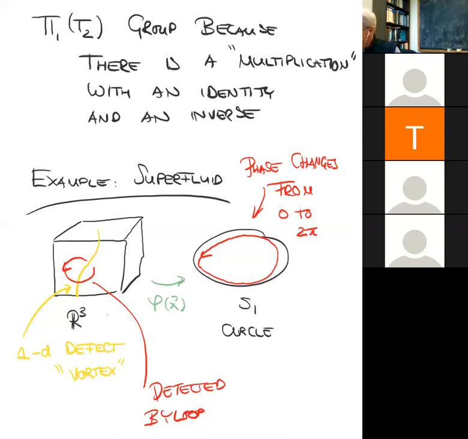So what is this thing classified by? Well, this thing is still classified by loops, so we detect it by doing a loop. So in the language of these homotopy groups, it is still pi1 because we're using loops. But order parameter space is now a circle. So it's pi1 of a circle. Okay. And again, intuitively, it's clear what that is. If you do loops around circles, it's just one winding number.